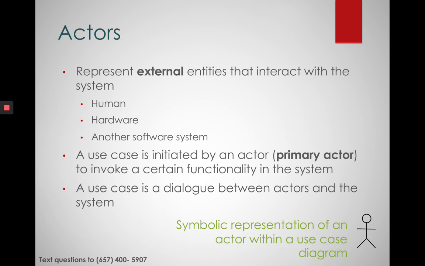Like if you are using a navigation app and one of the actors is the phone's GPS, well, the user is going to be the primary actor because they would initiate the use case of find shortest path to location X. But the GPS would also be involved as a secondary actor because it has to interact with the system in order to accomplish that goal.